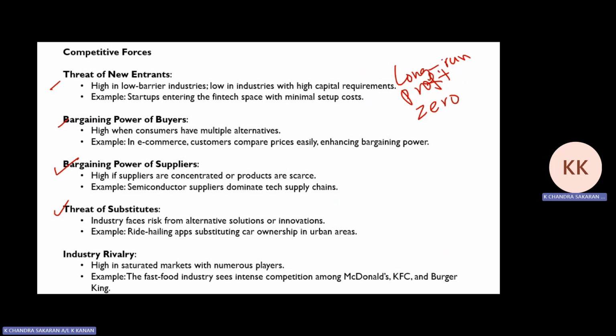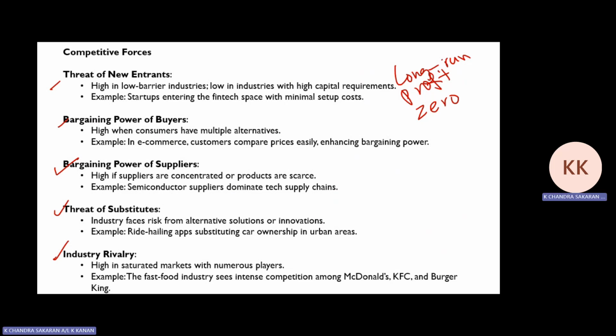Industry rivalry, is there any competition or not? Industry rivalry means your competitors. So who are the competitors? Can any other firms come into the market or not? You talk about the fast food industry. McDonald's. Do you have McDonald's in Vietnam?